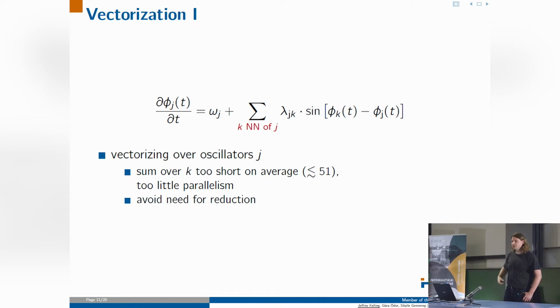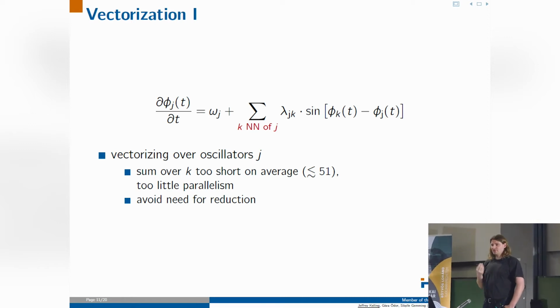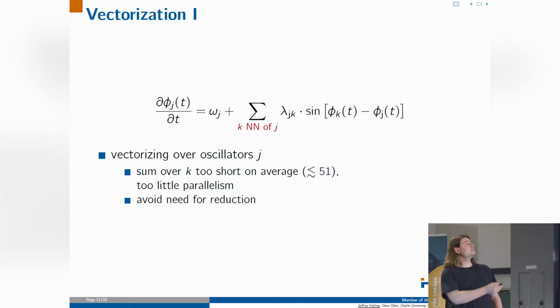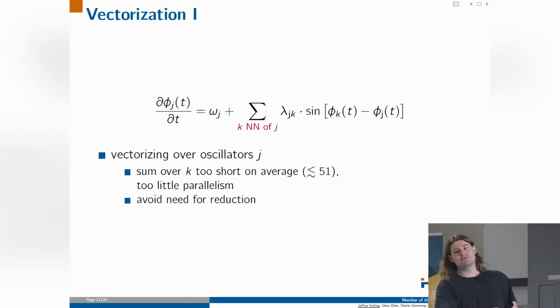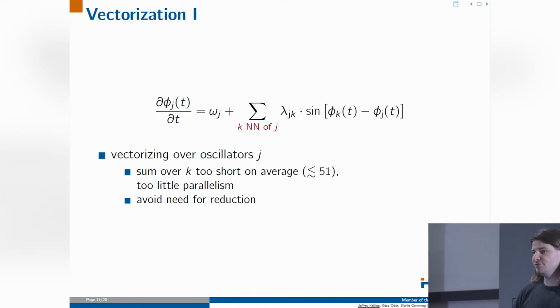So we first look at the equation that we want to compute and decide what we want to vectorize. There are basically two loops implicit here. One loop is explicit, which is the loop over the neighbors of each node. You could compute these values in parallel, but the problem is each of the nodes doesn't have so many neighbors.